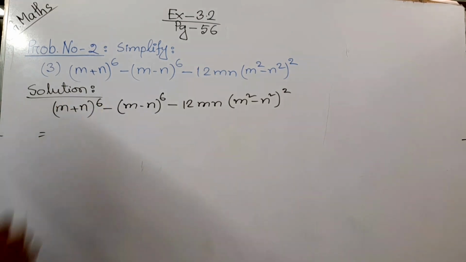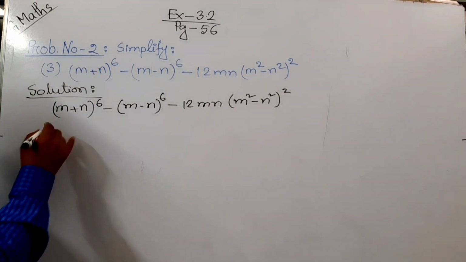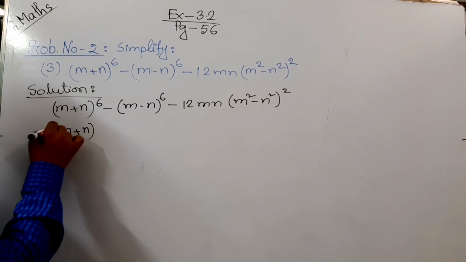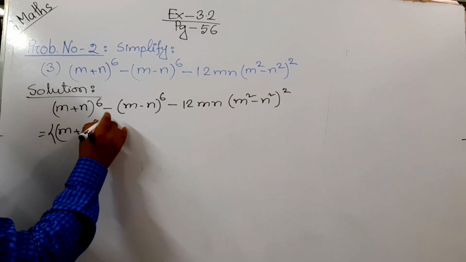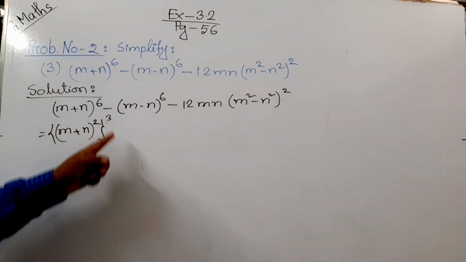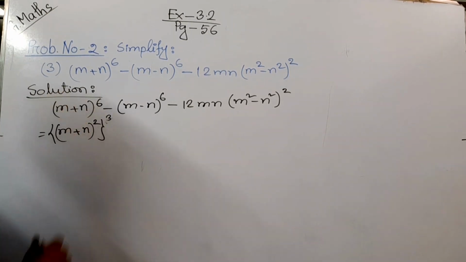Look, we can write ((m plus n) square) whole cube, because the power of the power will be multiplied and it becomes 6.